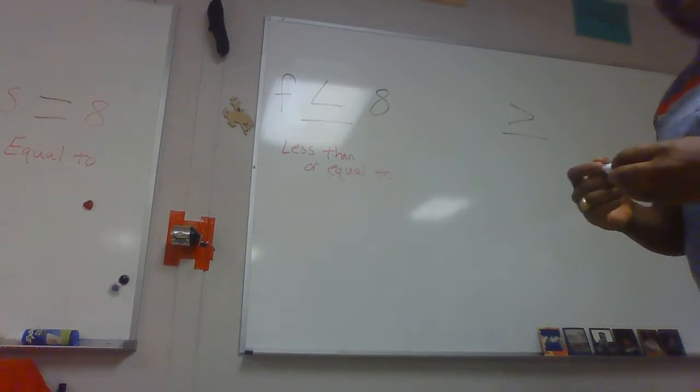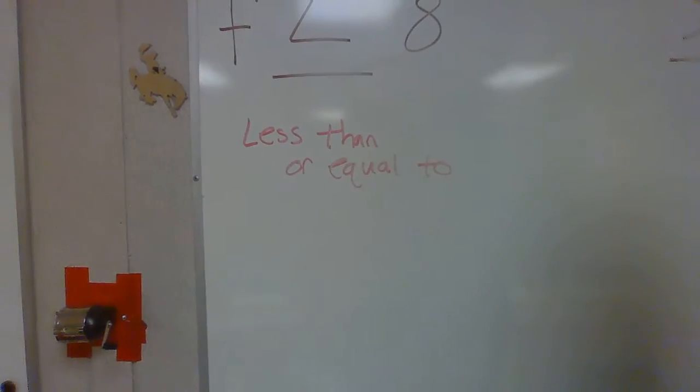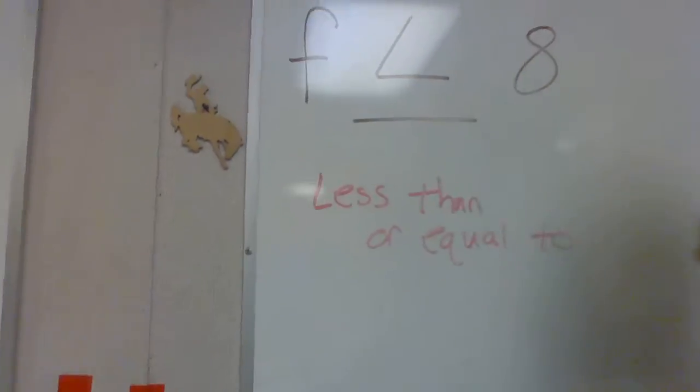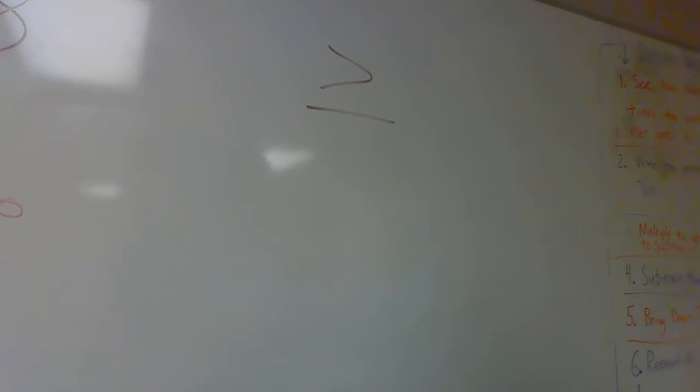This last one is the exact opposite. So we said this first one here was less than or equal to, the one that looks like an L, which means this other one on the other side is called greater than or equal to. I'm going to write it up there, then I'll show it to you guys again.